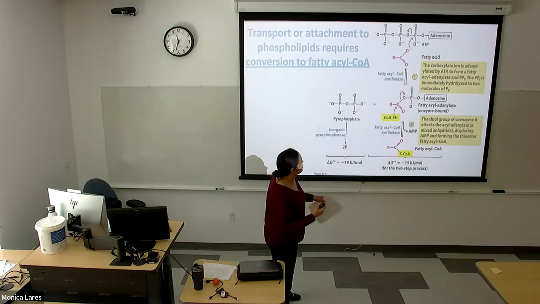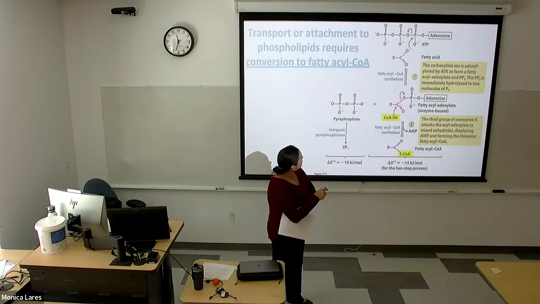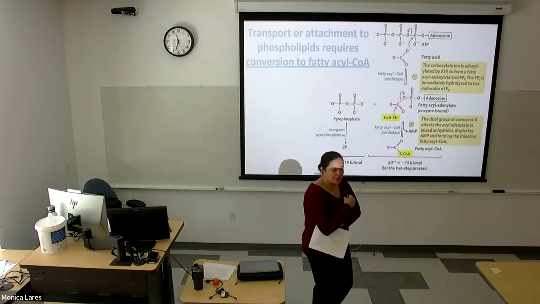Let's see what's happening. So here in pink represents our fatty acid. Remember, our fatty acid is that carboxy group with a large hydrocarbon chain, not being shown here, represented by the R group. ATP is going to activate this fatty acid to get broken down.